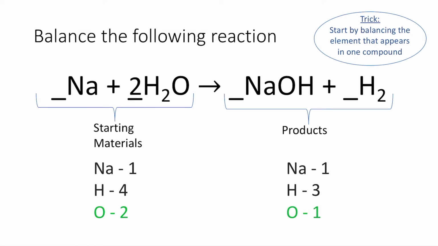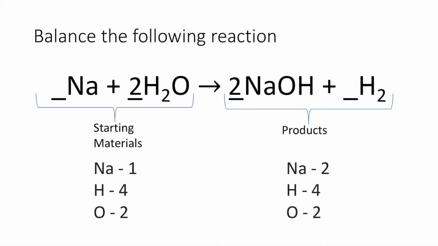So I'm going to put 2 as the coefficient for the compound that contains the oxygen element on the right side. And I'm going to recount the number of elements now. I have 2 sodium, 2 oxygen, and 4 hydrogen.